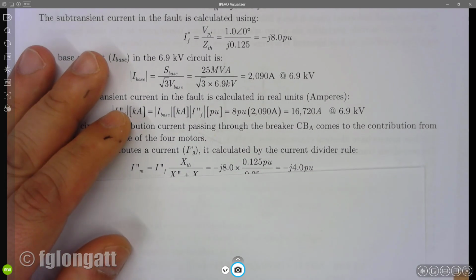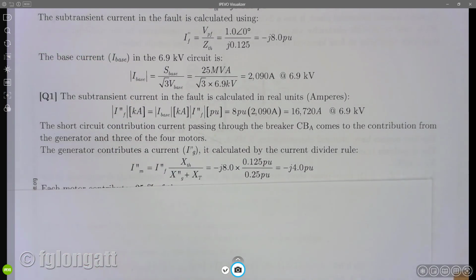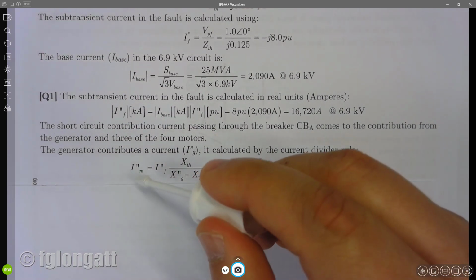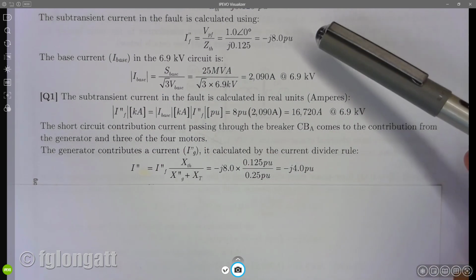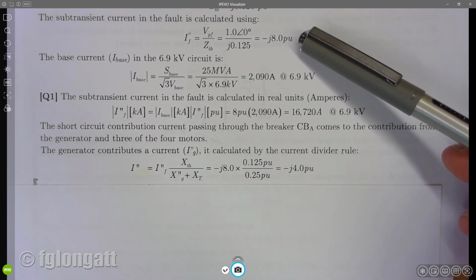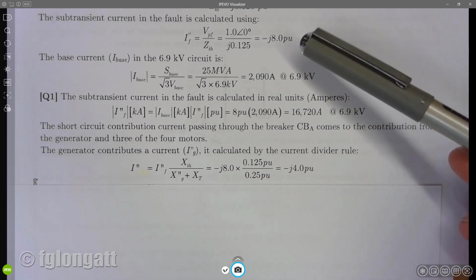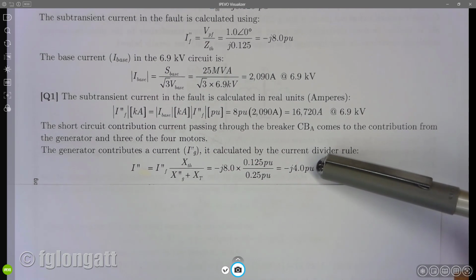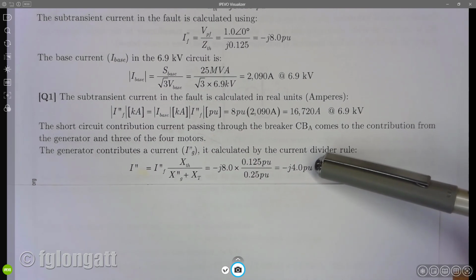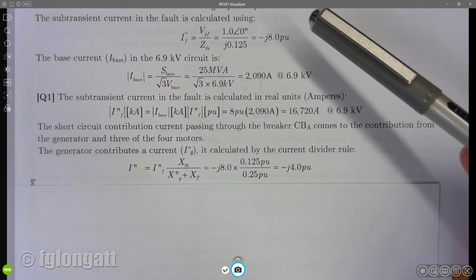This is the generator contribution, and you can see something quite simple and interesting. Using the current divider rule, the total fault current is 8, and 4 per unit are coming from the generator.